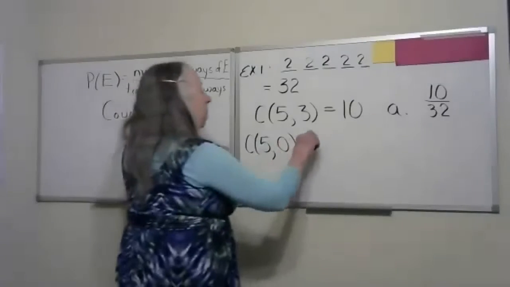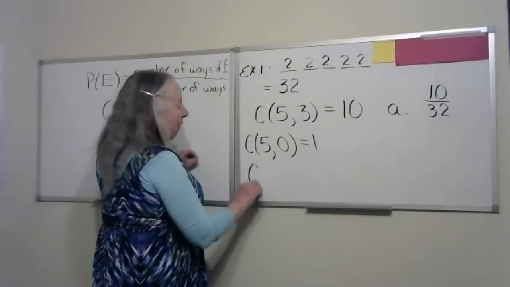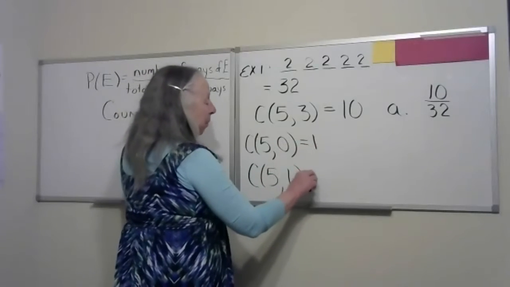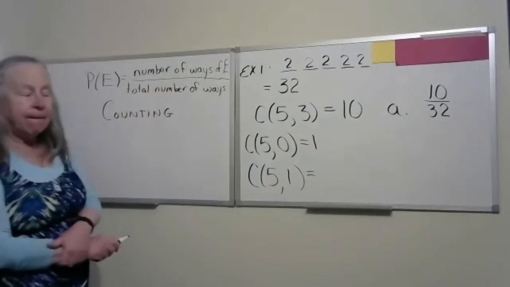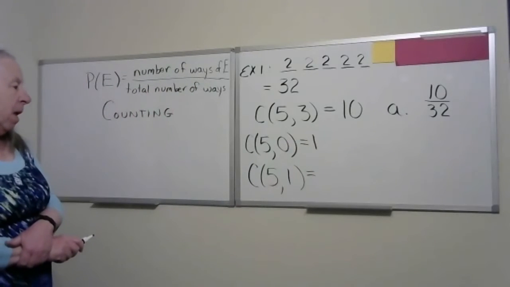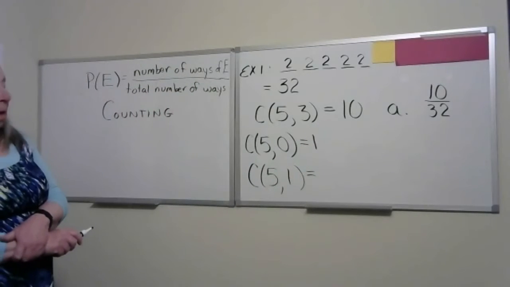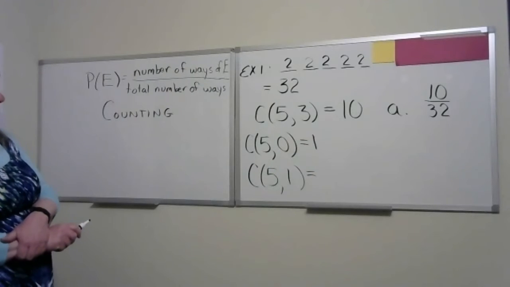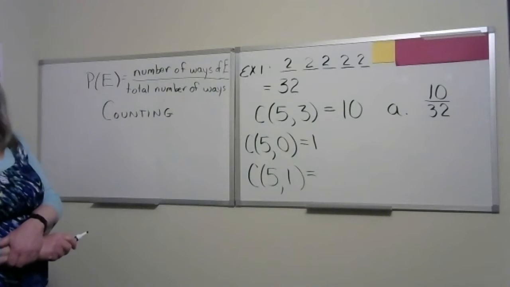Okay. Then we could have 5 choose 1. And Zach, what did you come up with for that? 5.